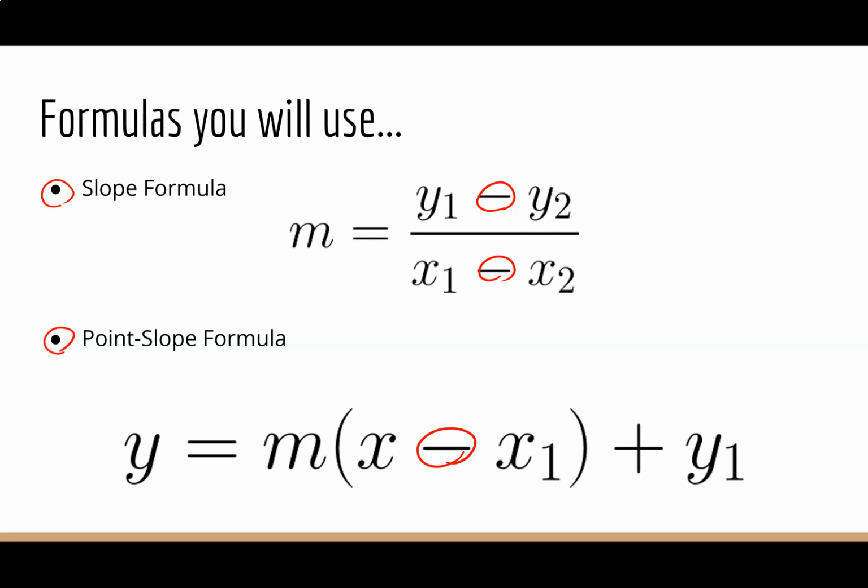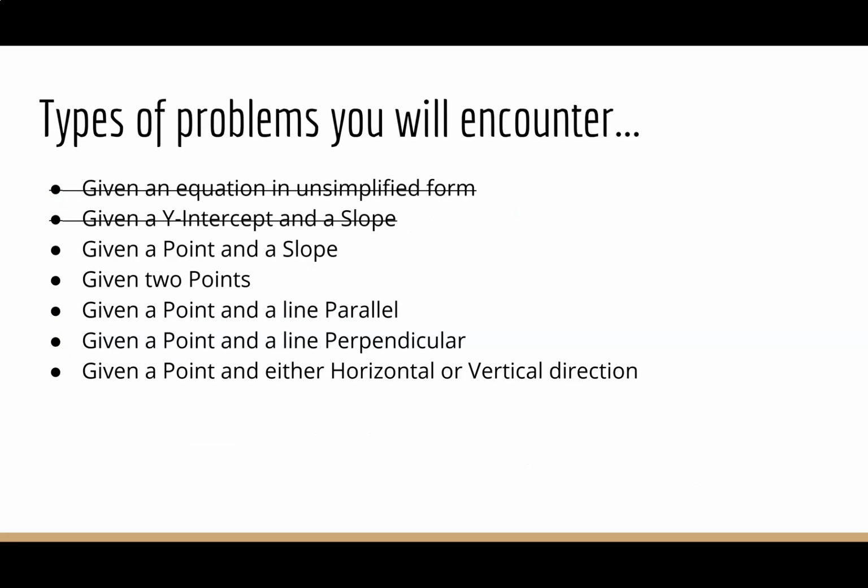As far as writing equations, there are essentially 7 different versions of problems. It all depends on how you are presented the information, but they are all solved in essentially the same way. The first 2 bullet points I've crossed off because they're a little too basic for us, so we're not really going to focus on them. Given an equation in unsimplified form, that could be something as simple as x plus y equals 4, you just solve for y.